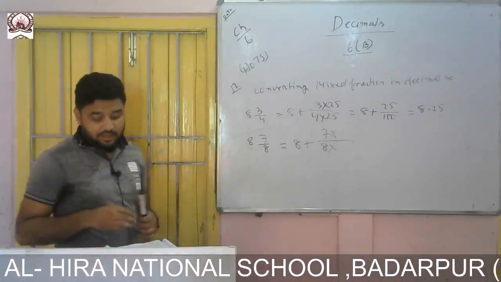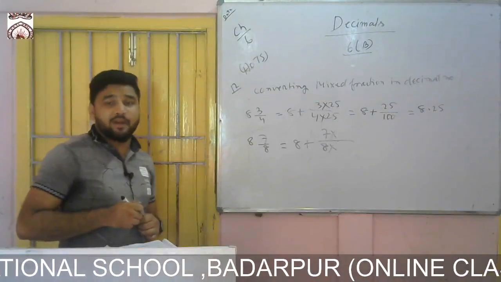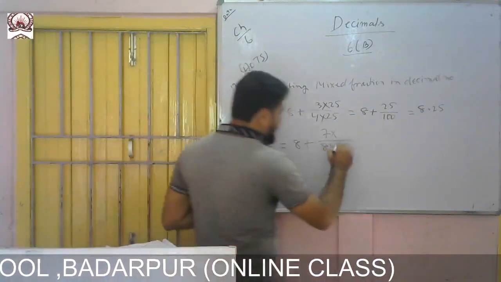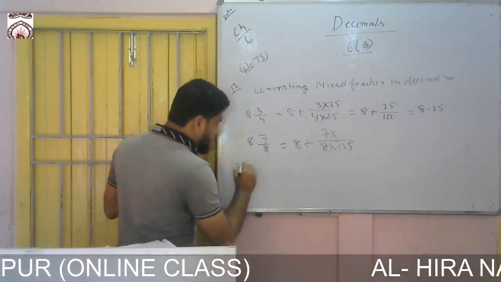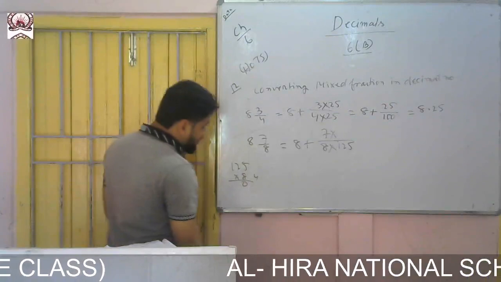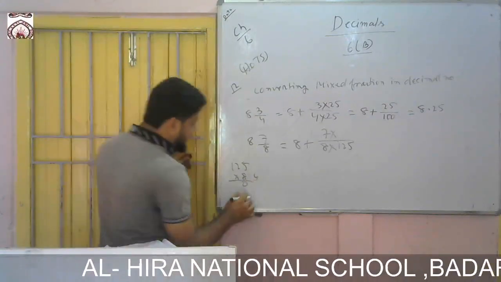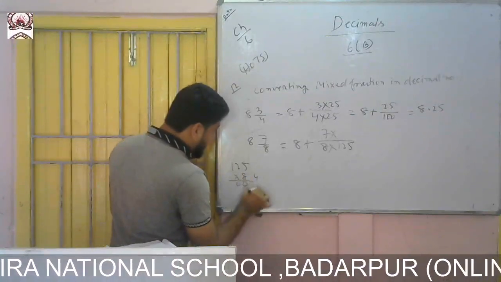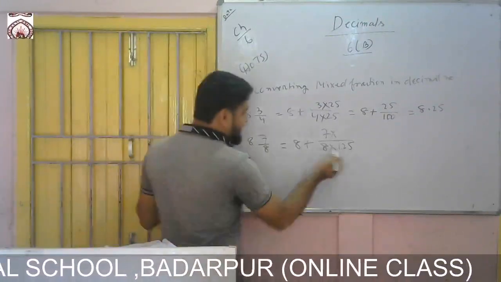With 8, if I multiply by 125, it will become 1000. How do you see? 125 into 8: 5 eights are 40, write 0 and carry 4; 2 eights are 16 and 4 is 20; write 0 and carry 2; 1 eight is 8 and 2 is 10. So 1000.